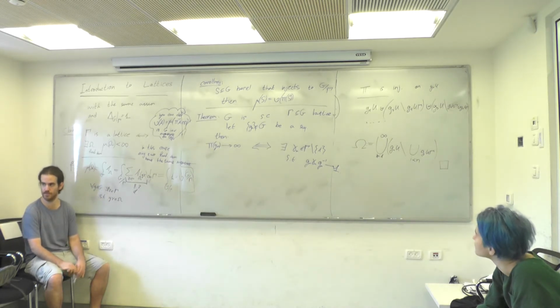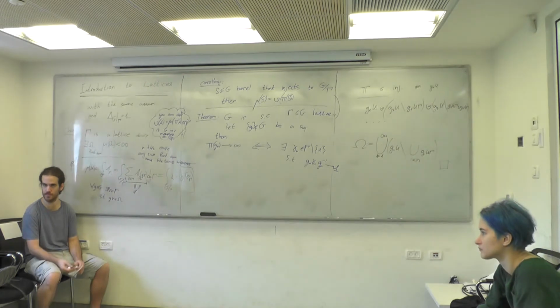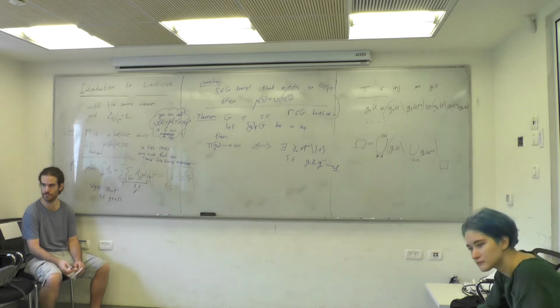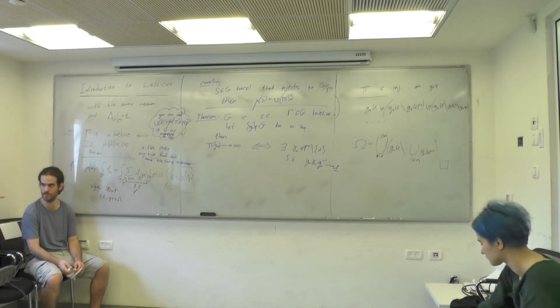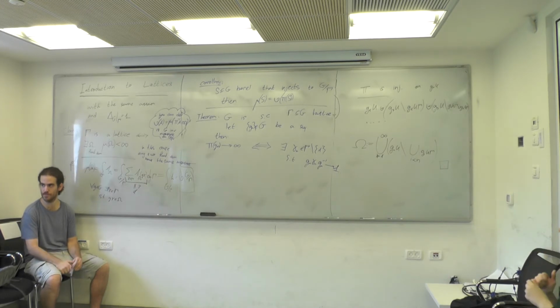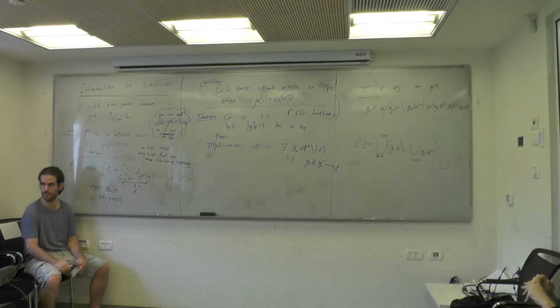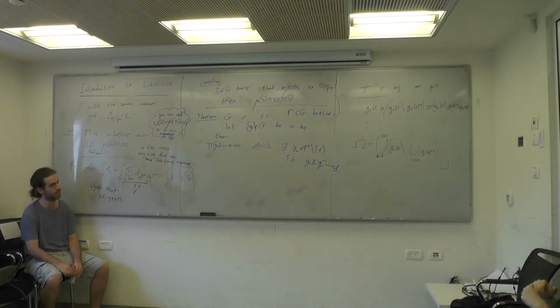Remember, if gamma acts freely and properly discontinuously on G, it acts in a discrete way, so when you mod it out, you get G mod gamma, and the fundamental group of that is exactly gamma. So if we think of the elements of gamma n as loops in the fundamental group, their conjugates are exactly like shifts of the loop.